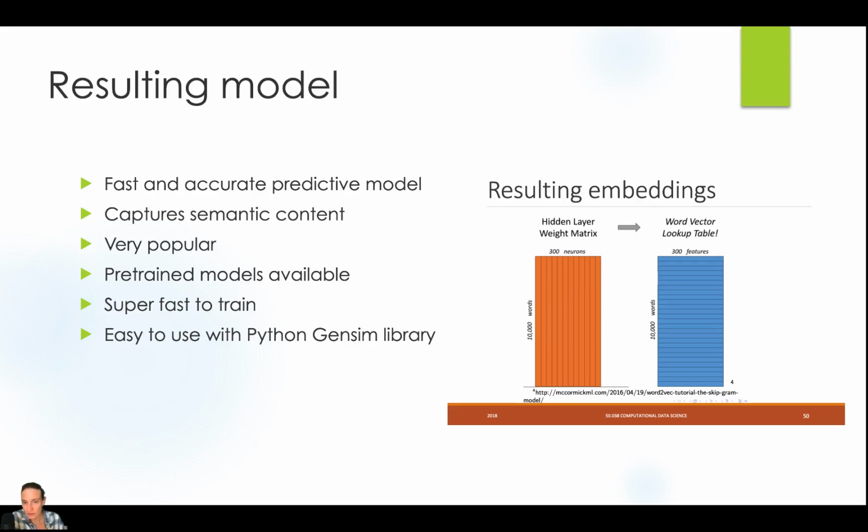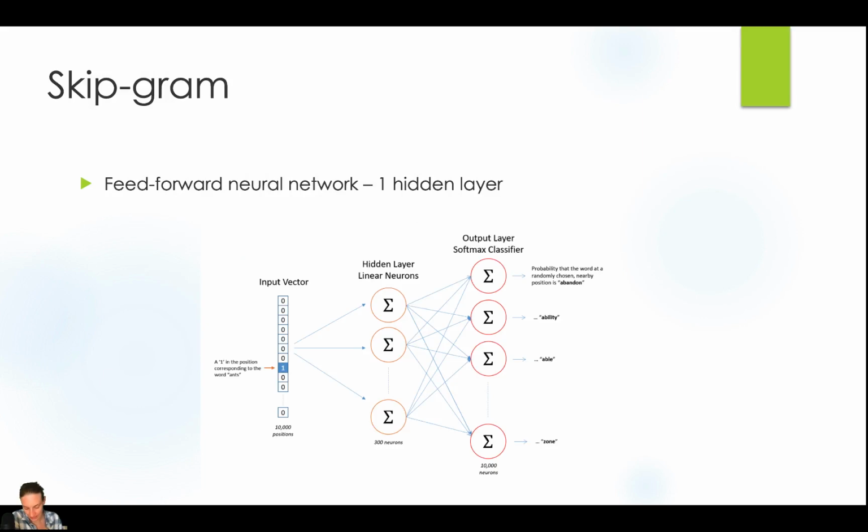So before we actually look at the Python implementation, how do we actually get these word embeddings? Because fine, we get a neural network here. What we are interested in is not the output layer. What we are interested in is the hidden layer, which is the latent representation of these words.